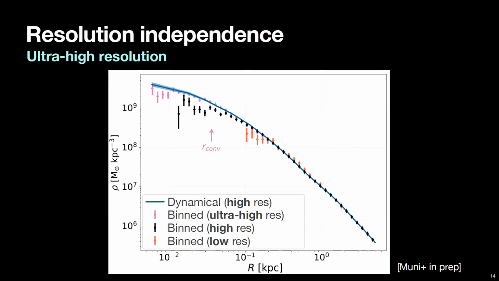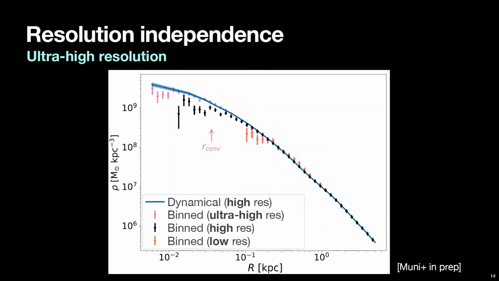So we repeated this. We applied our method again, this time to the high resolution simulation, and we made another simulation which we call ultra high, which is even higher than the high resolution simulation. And this is marked here by the pink dots, that's the ultra high. And now the blue line and the black dots are at the same resolution. So we apply our dynamical code to the high resolution simulation, and I'm just showing the low res here for reference.